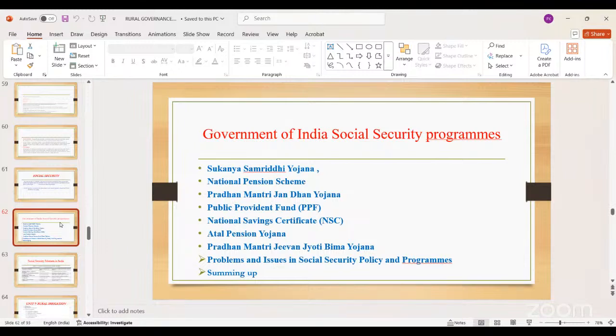Okay. Then the next scheme is Pradhan Mantri Jan Dhan Yojana. So this is a kind of social security scheme only, and it is for economically poor people of the society who do not have a bank account.